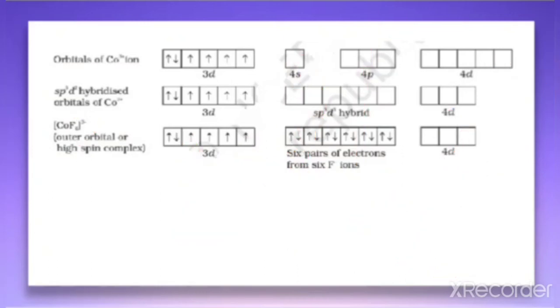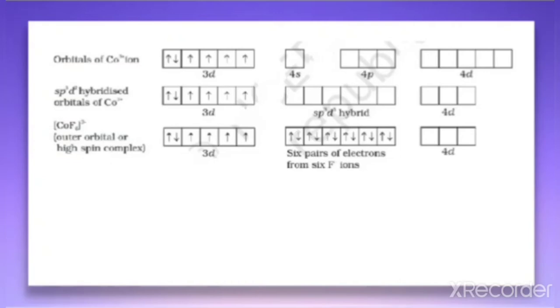Now let us see how it is possible here. As it is a weak field ligand, it does not cause pairing, so the d electrons remain as they are. But 6 vacant orbitals are required, because here 6 fluorines are the ligands which are binding. 6 vacant spaces are required in order to form coordinate covalent bonds.